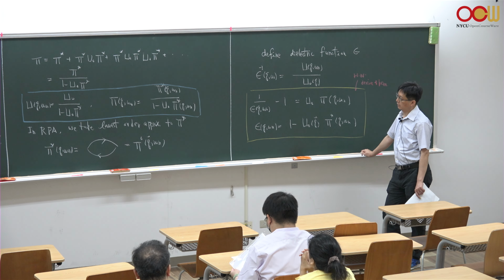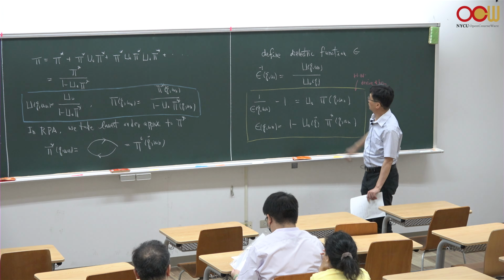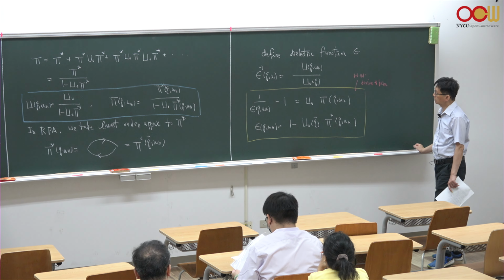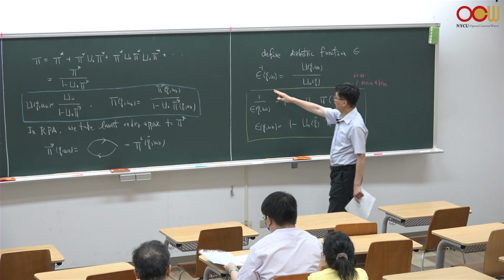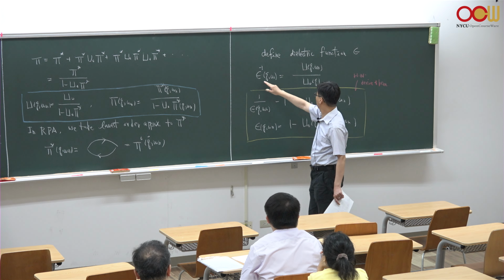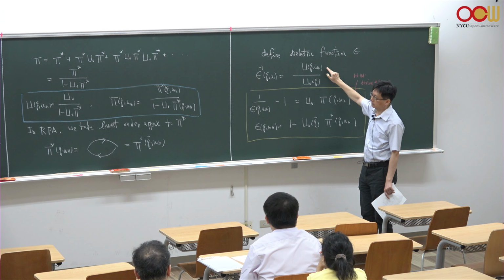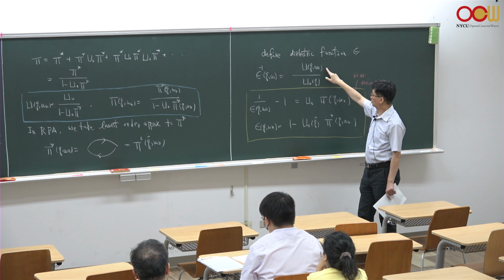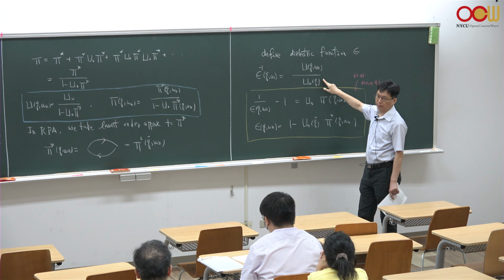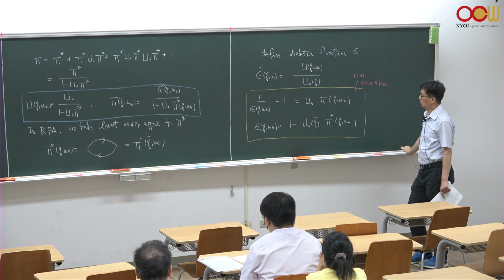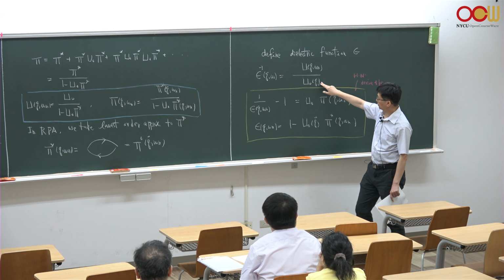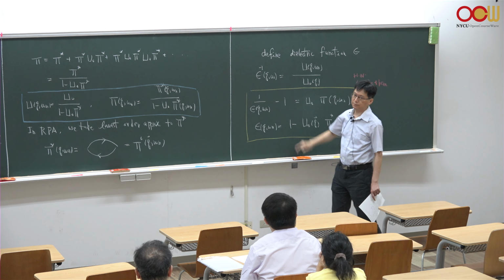So now with those expressions, we can define the dielectric function. As I mentioned previously, the inverse of epsilon, the dielectric function, is defined as the ratio of U effective, the full renormalized Coulomb term, divided by the bare Coulomb interaction strength U0. So U divided by U0 defines the inverse of epsilon.